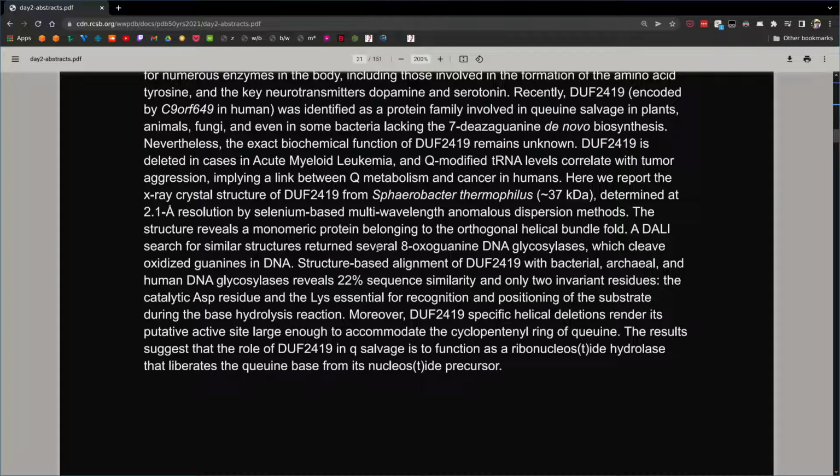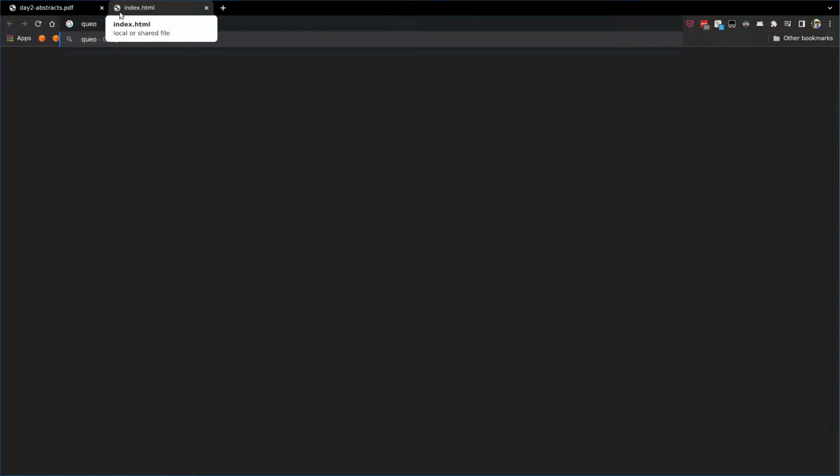DALI search, we showed that. Structure-based alignment reveals 22% sequence similarity and only 2 invariant residues: the catalytic Asp residue and the Lys essential for recognition and positioning of the substrate during the base hydrolysis reaction. Base hydrolysis, so what's that? Queuosine base hydrolysis.